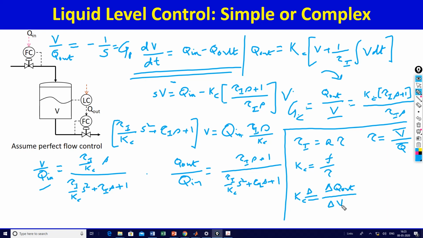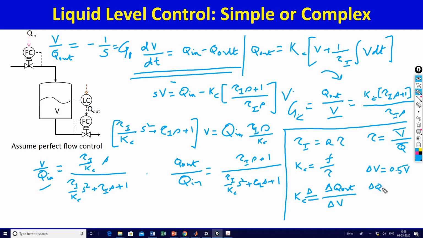For example, if the holdup changes by 50% of the base case value, so V final minus V, so delta V is equal to 0.5 of steady state holdup, then Q out should double.